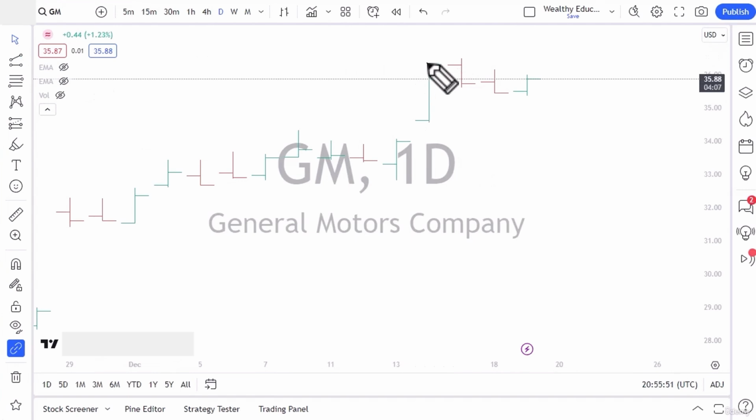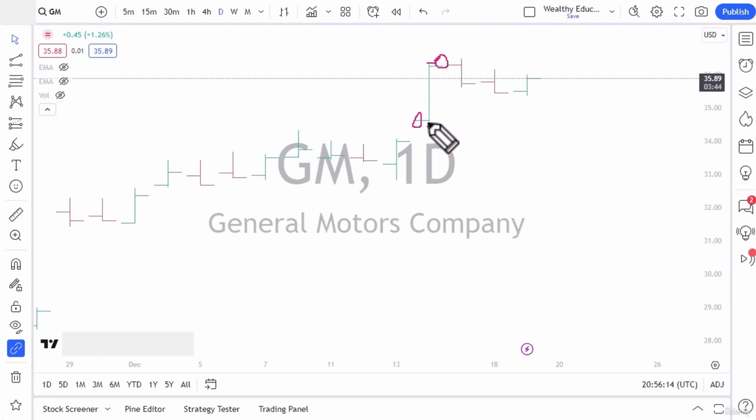So the range of the day was from there to there, the height of the bar. So the lowest price was the lowest part of the bar. The highest price was the highest. Pretty straightforward. The opening price always is on the left, and the closing price is on the right.